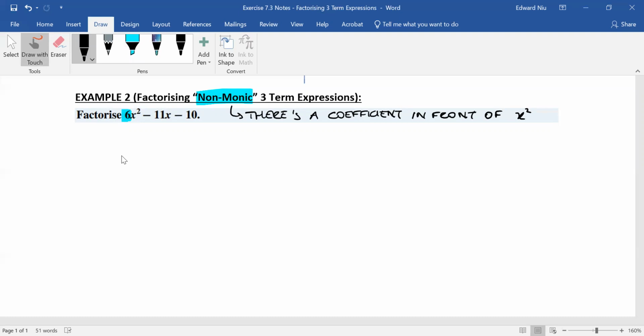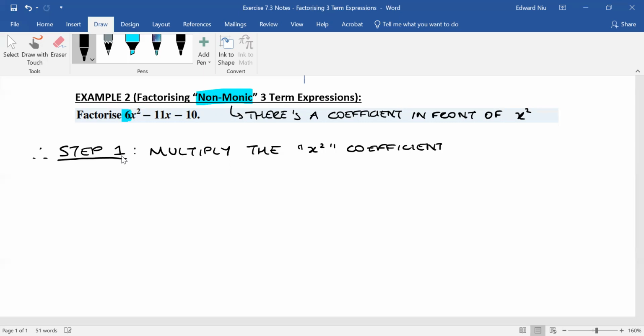So what we need to do is, there's actually steps to this. Step 1. Multiply the x squared coefficient with the constant.